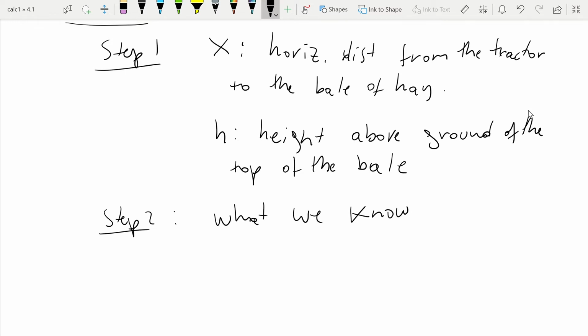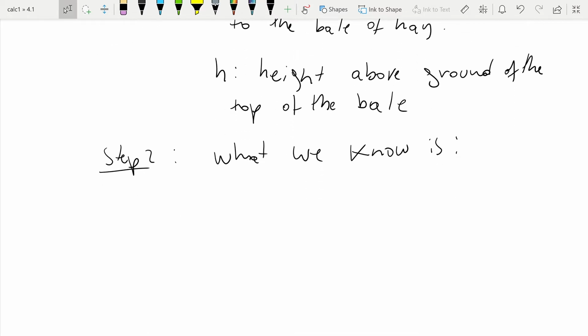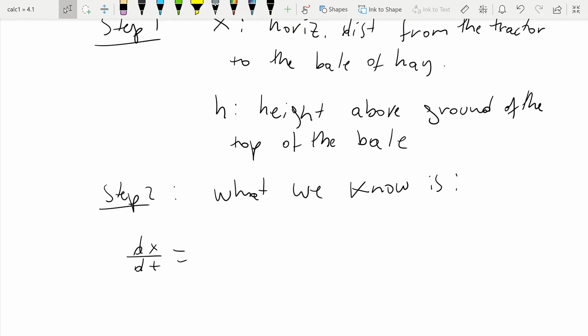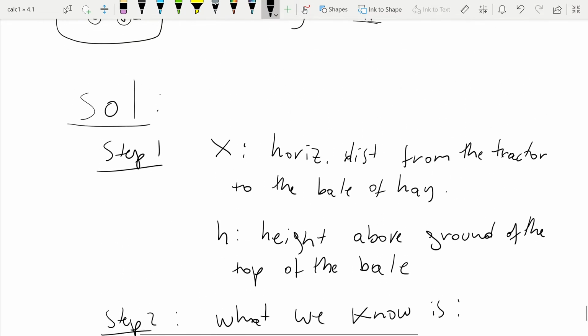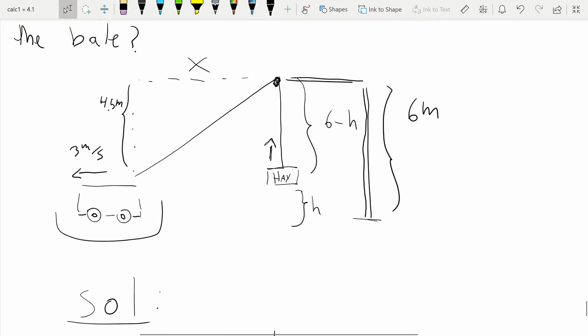So the first thing that we know is that the speed of the tractor, the speed at which x is increasing, so you're moving away from the bale, is 3 meters per second. As the tractor pulls, x is getting bigger, and this is the horizontal speed.